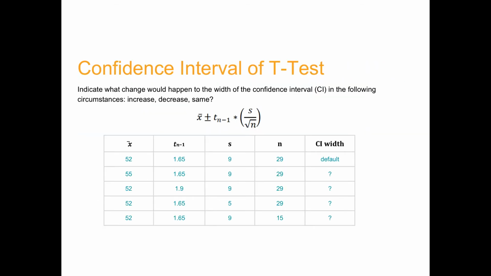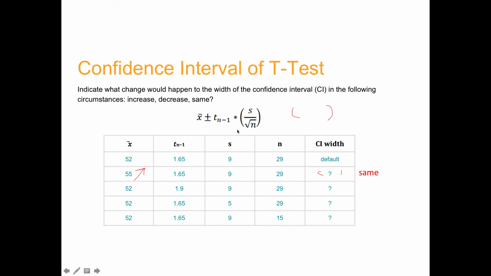Now, confidence interval of the t-test. What change would happen to how wide this confidence interval is if something changed? This is the default one. If x increases, what's gonna happen to the confidence interval?